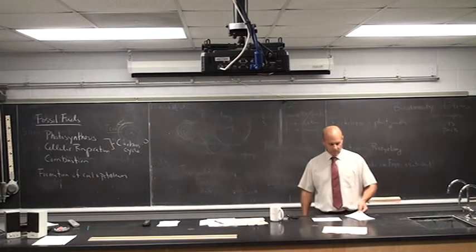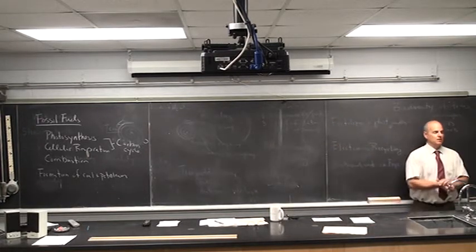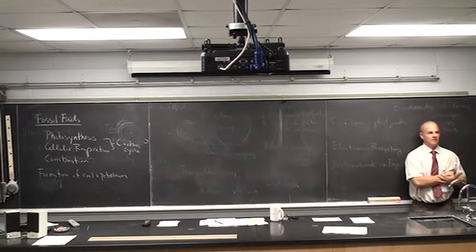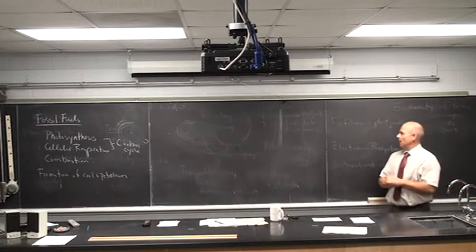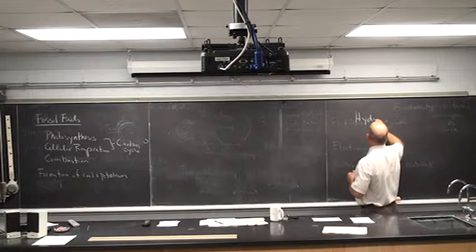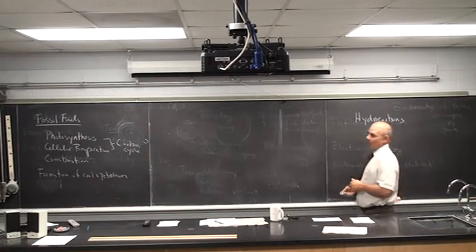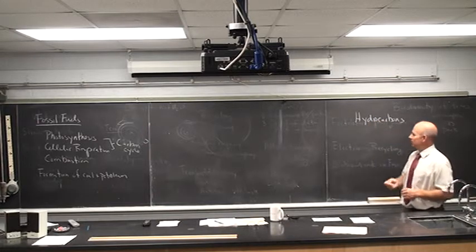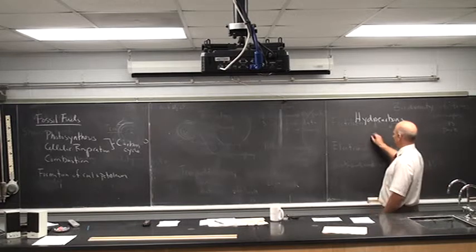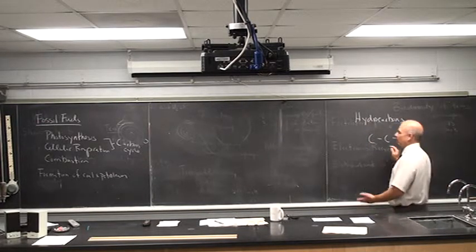Okay, so when dealing with fossil fuels, we are dealing with carbon-containing compounds. These are typically in the form of what are called hydrocarbons. A standard basic hydrocarbon is going to be a chain of carbons of various lengths.